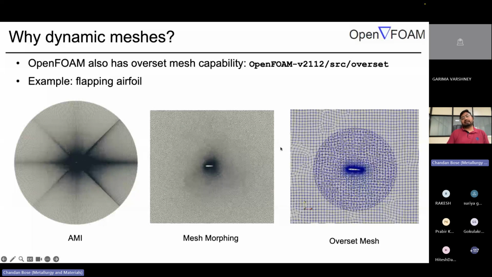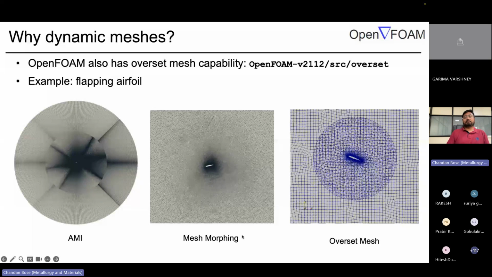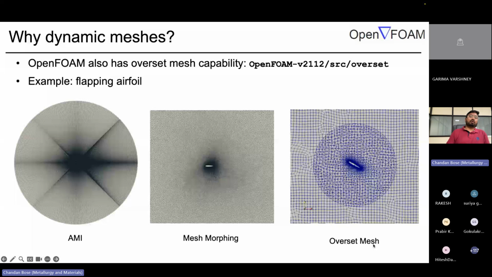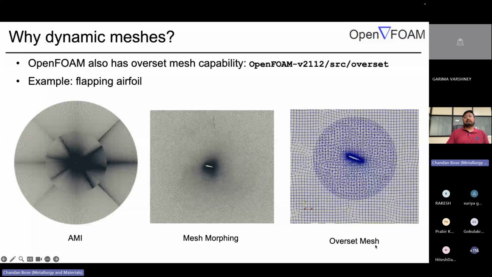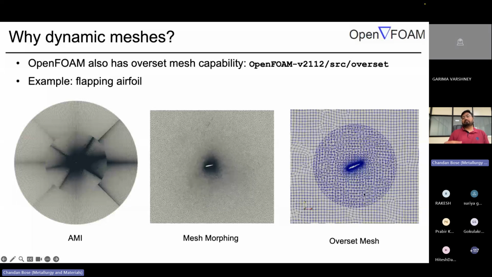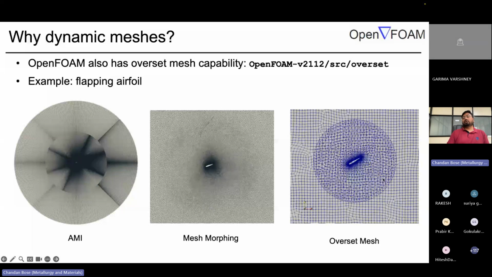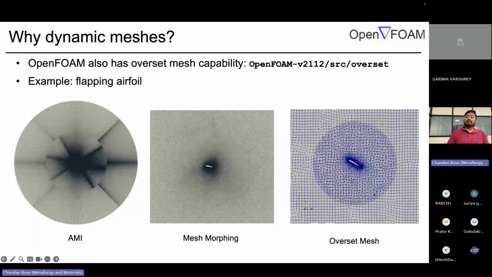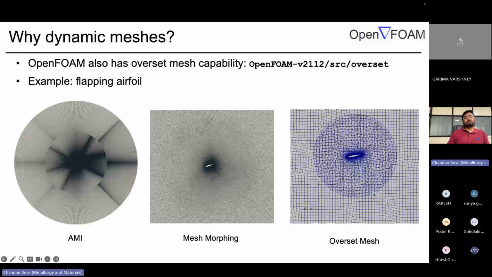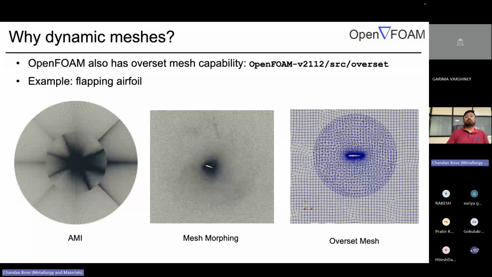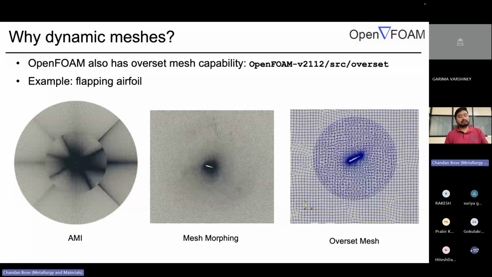Now, for the second example we have done the same. However, for the third example of the overset mesh, we can apply the motion type to the whole cell zone, which is basically a volume of cells marked as the overset cell zone. And we can tell that the whole cell zone will undergo a simultaneous pitching and plunging motion, as you can see in the third example. All right.